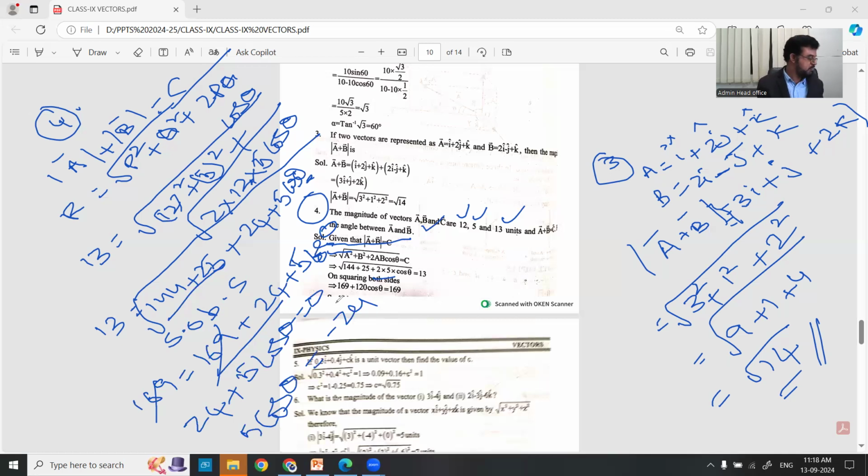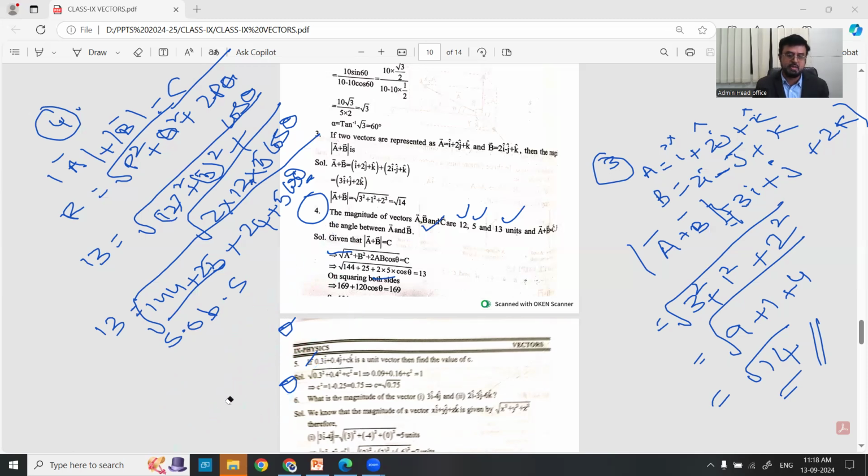Odd values we are getting. Just a minute, let me check. Yes, it should be 120 cos theta. Up to here it is okay. Squaring on both sides, 25 fours are 100.